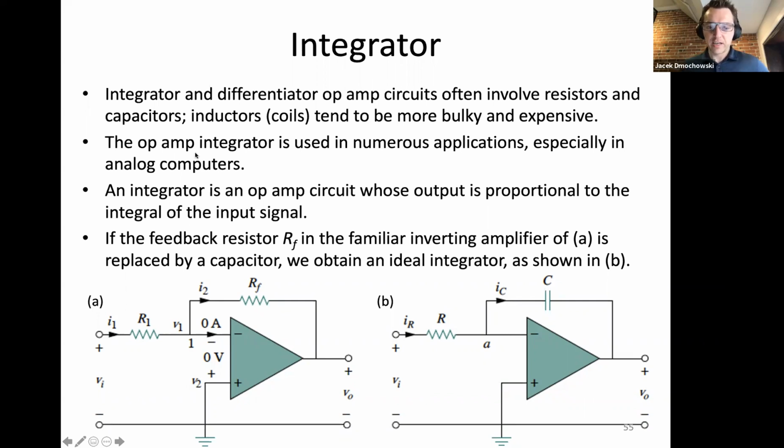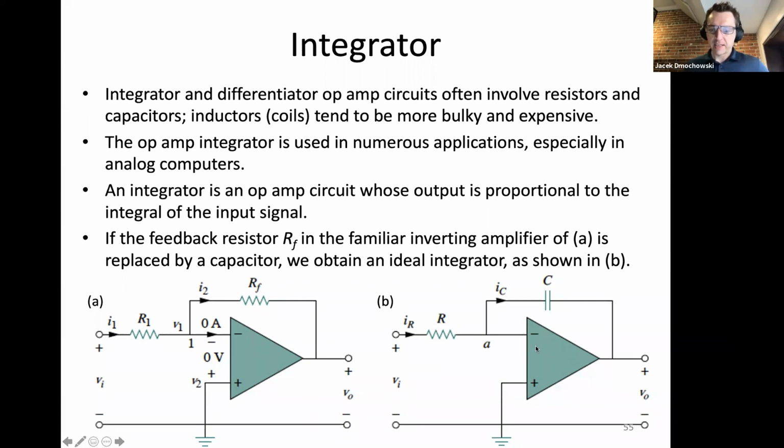Do we have an integrator in our lab? Well, you can build this device, right? You have an op-amp, you have a resistor, and you have a capacitor. So you'll be able to build this if you so choose.